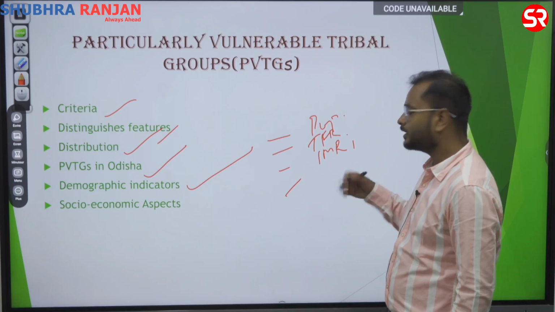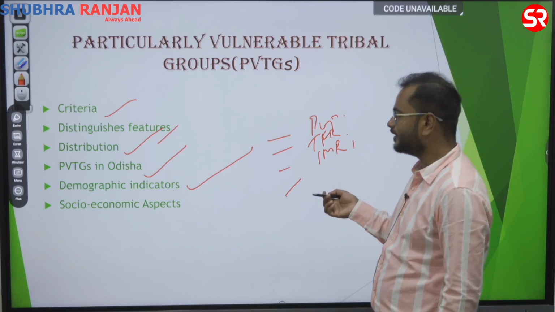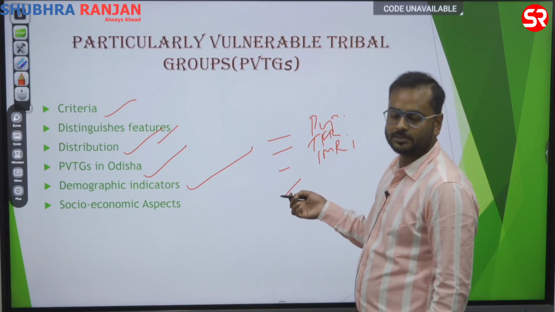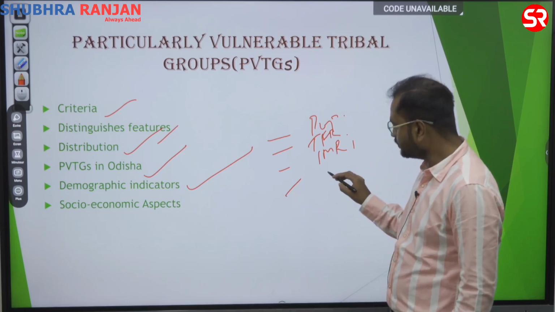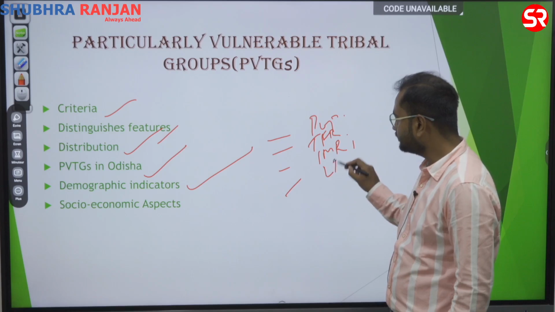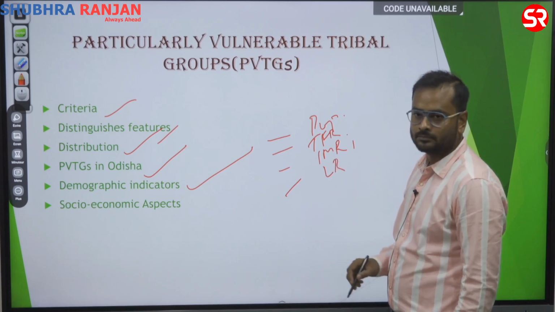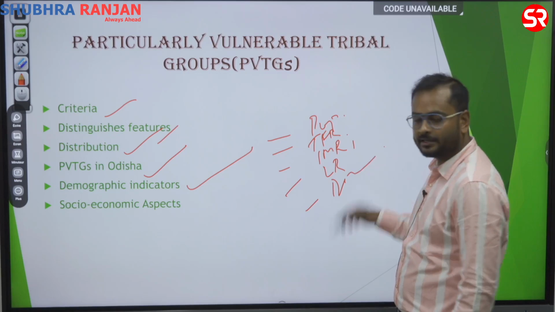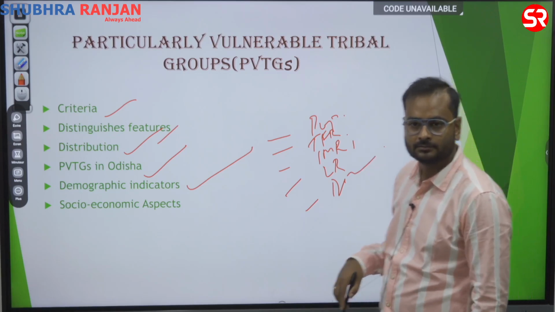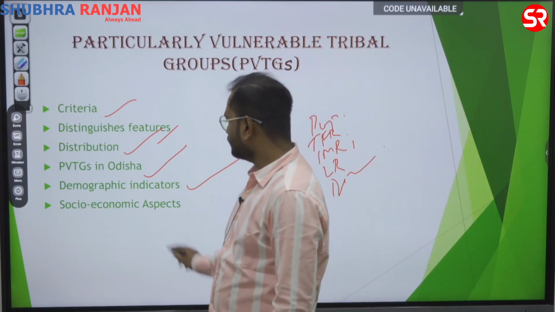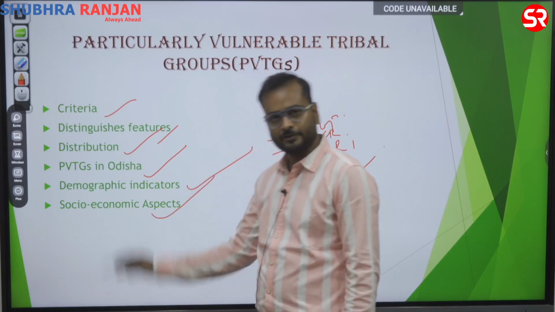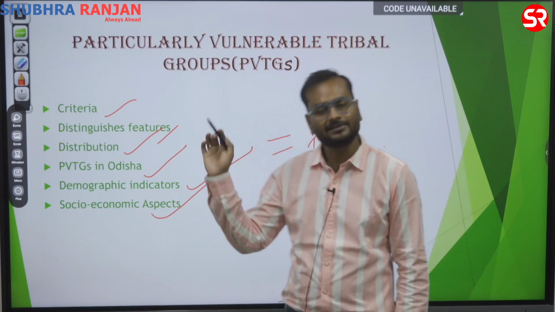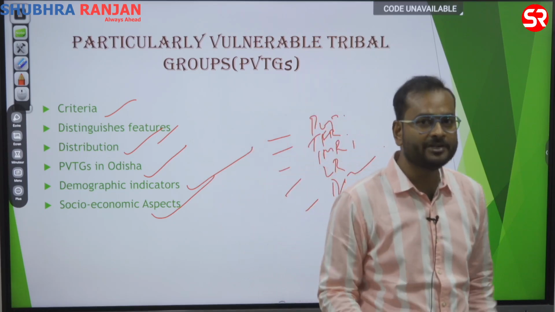What can be the other socio-economic factors? Literacy rate. Anything else? Prevalence of diseases, etc. We'll deal with the socio-economic aspects. And why exactly are they called PVTGs?